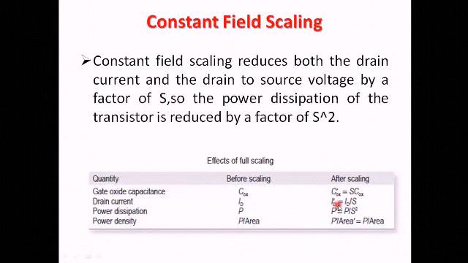ID dash changes to ID by S. Next is power dissipation. P dash is equal to P by S square. Power density, P by area, will be equal to P dash by area dash, which is equal to P by area. Now this reduction of power dissipation, I already told you, is a very important, attractive property of the constant field scaling or the full scaling. So I hope that constant field scaling is clear to all of you.